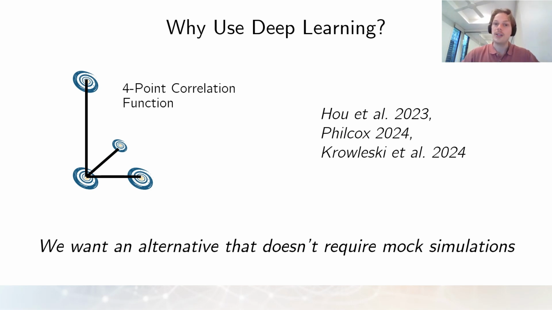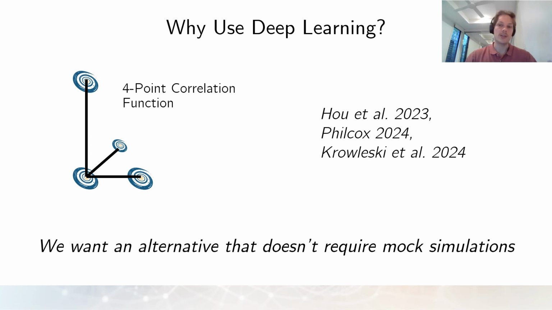So the first question is, why are we using deep learning for this task? Well, a lot of previous work that searches for parity violation in the galaxy distribution uses the 4-point correlation function. Some examples of these papers are listed here. One of the difficulties we find with this approach is that there's a heavy dependence on the choice of mock you use.